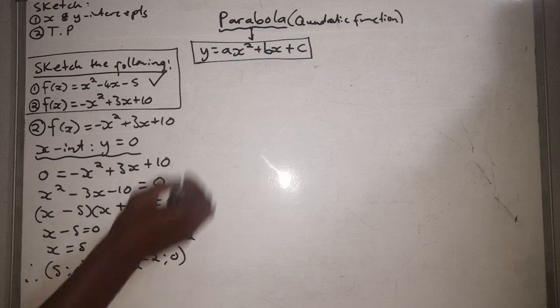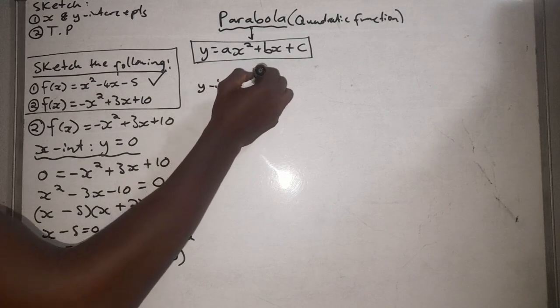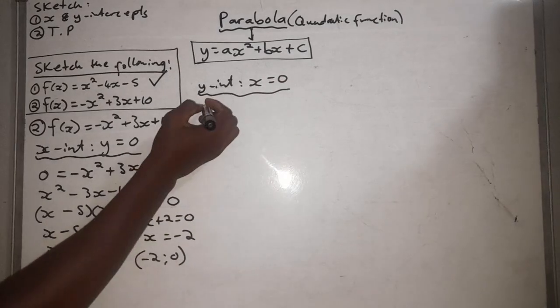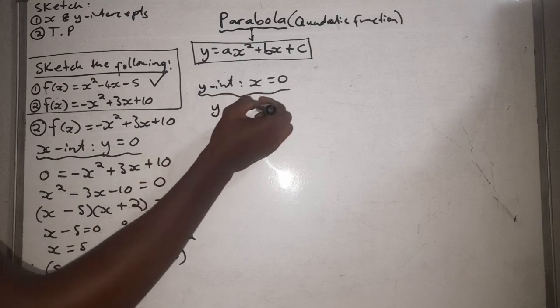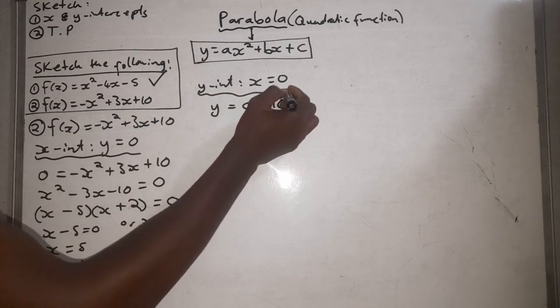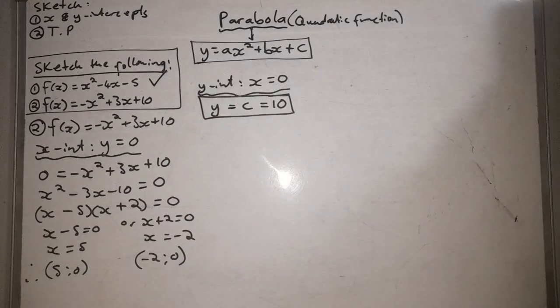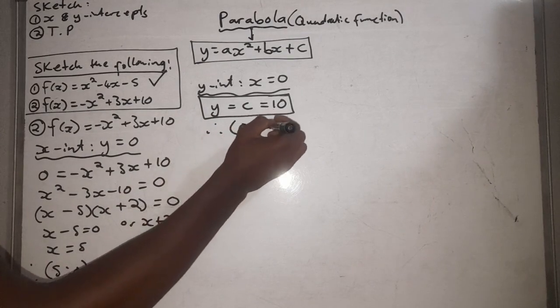Now for the y-intercept, we say x equals 0 here. Then this is simple. Y equals c equals 10. This is also not wrong. And the coordinates are going to be 0 for x and 10 for y.